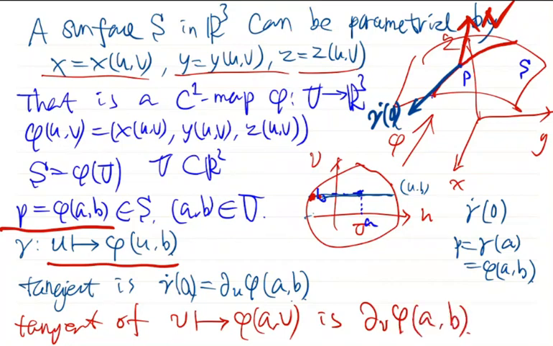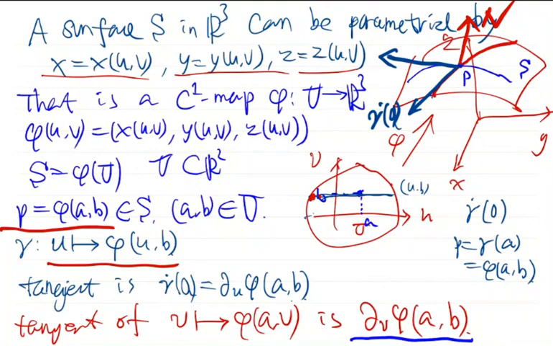So we have another curve passing through P on the surface. We need to use another symbol to denote this curve, but I don't want to do this. Similarly, we know that the tangent is the partial derivative of phi with respect to v at the point.